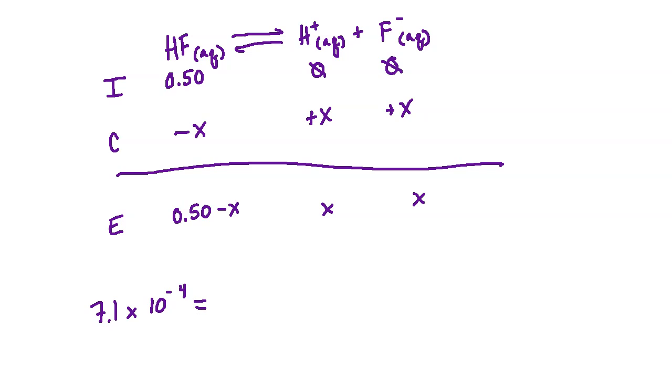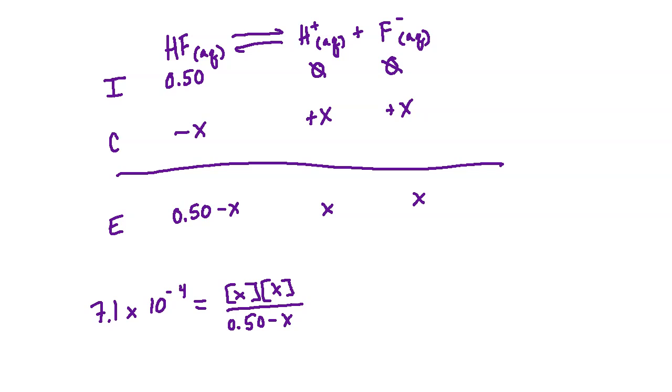And we know that Ka is going to be equal to the concentration of the hydrogen, which we said is X, times the concentration of the fluoride ion, which we said is X. And that is going to be over 0.5 minus X.